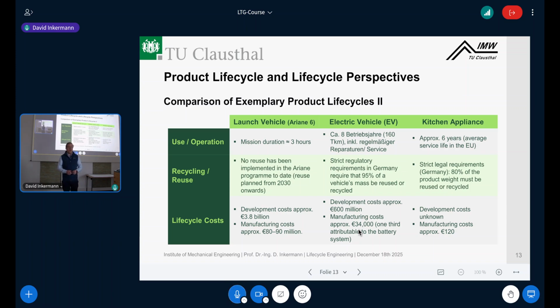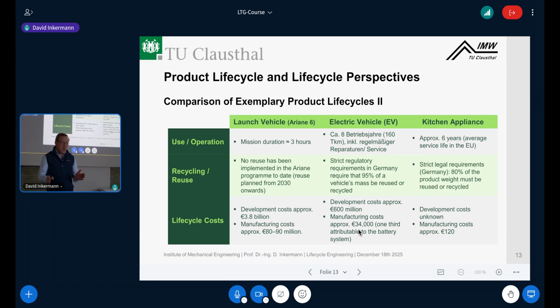And also for electric vehicles, we have on average 8 years of operation, and a kitchen appliance has about 6 years of operation. And also with regard to recycling, so that is the end, considering the end in the Ariane program compared to SpaceX. SpaceX is running different approaches to reuse parts of the rocket.